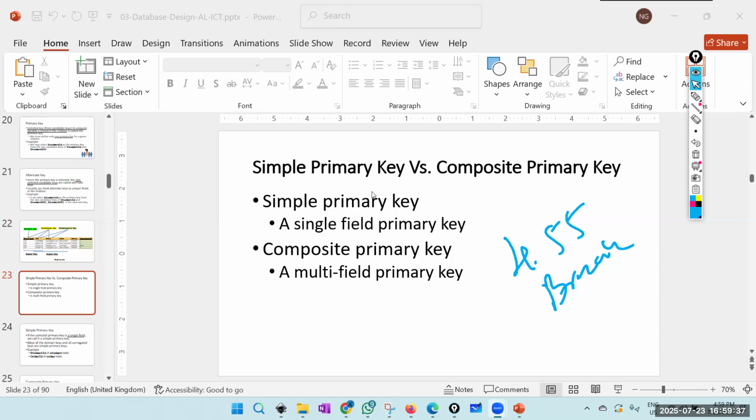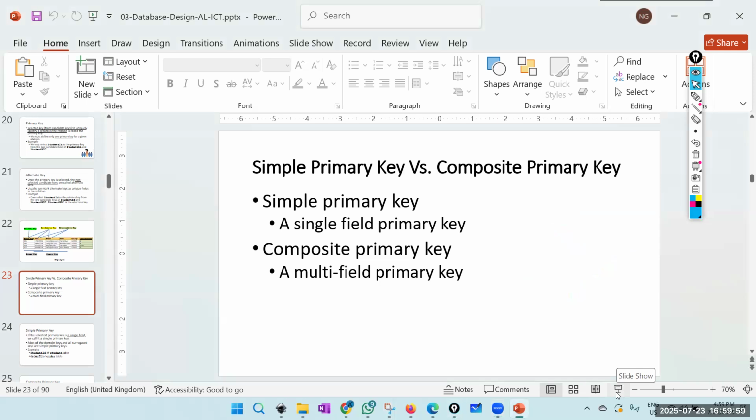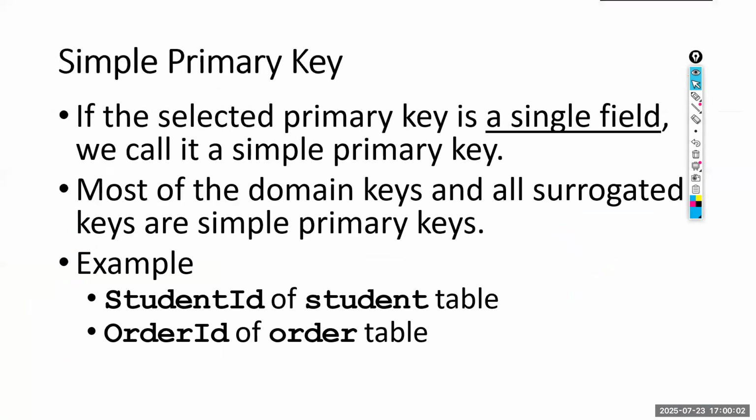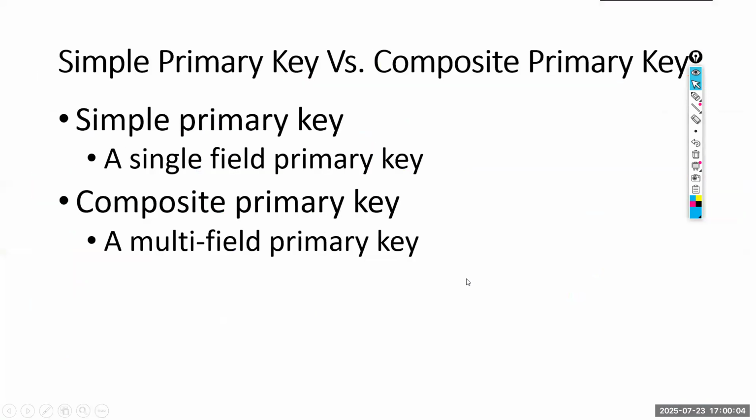Okay. Now we are going to look at two types of primary keys. This is categorization. This is not a concept related to primary key. This is categorization of primary key. The primary key can be categorized as, this is the first classification, simple primary key versus composite primary key. So simple primary key means one field, a single field primary key.